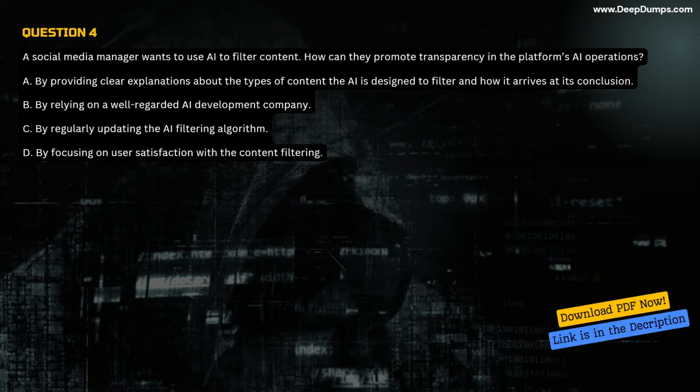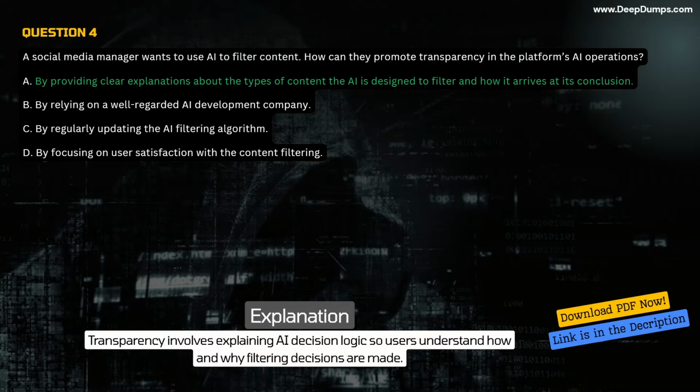D. By focusing on user satisfaction with the content filtering. Correct answer A. By providing clear explanations about the types of content the AI is designed to filter and how it arrives at its conclusion. Explanation. Transparency involves explaining AI decision logic so users understand how and why filtering decisions are made.